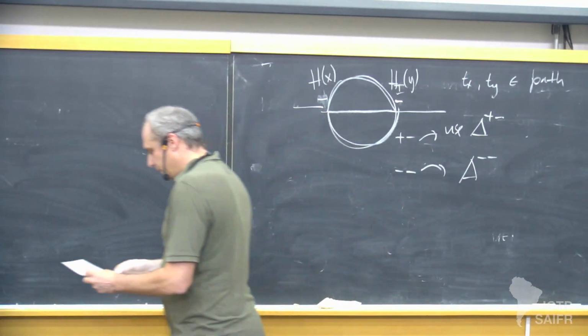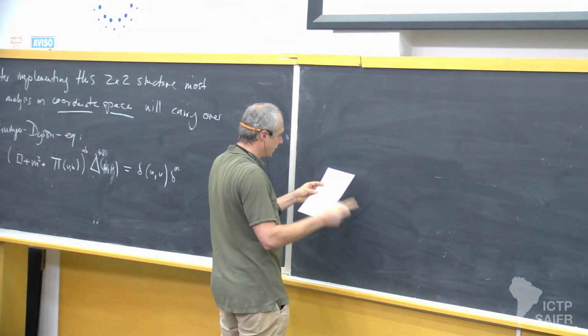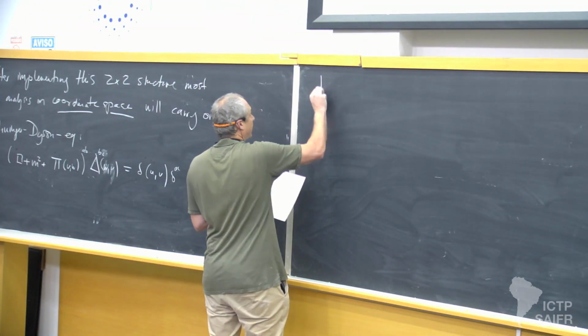Okay, so the first step is we want to implement boundary conditions such that we recover equilibrium. So recovering equilibrium.